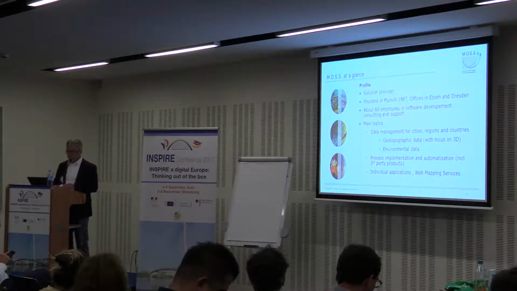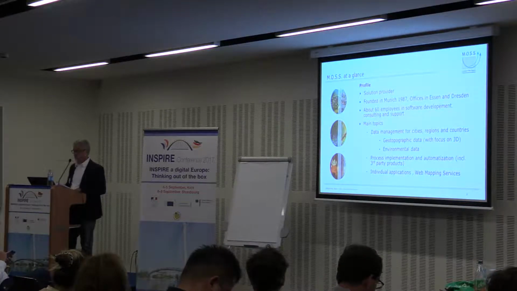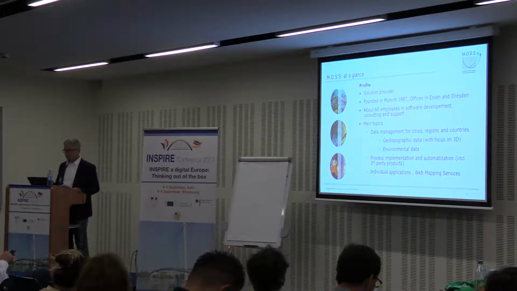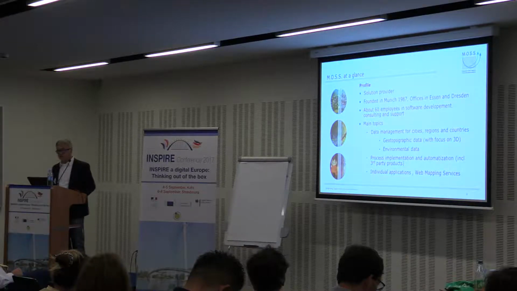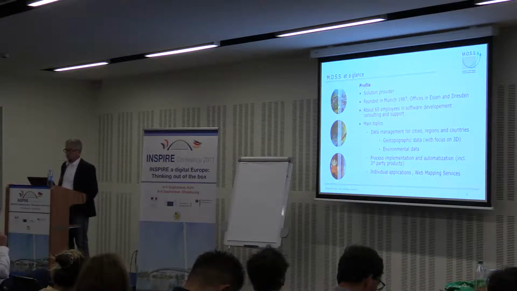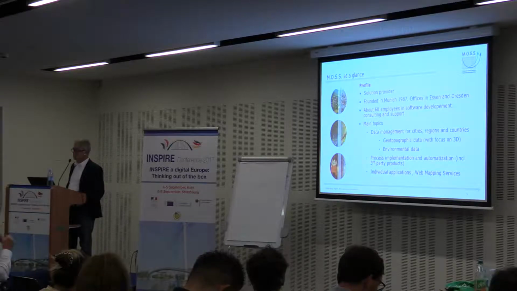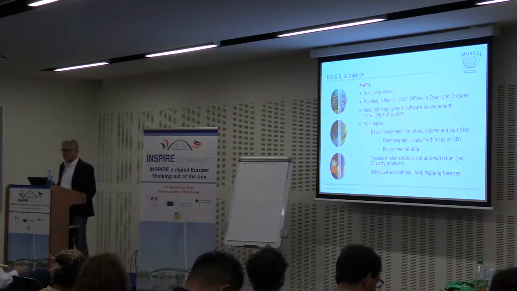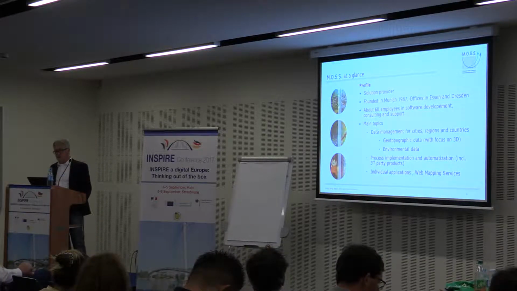A short look at our company. I think you should know where I come from. Moss is a solution provider, founded 1987 in Munich, and we have offices in Essen, Dresden, and the headquarters is in Munich. We have about 60 employees.